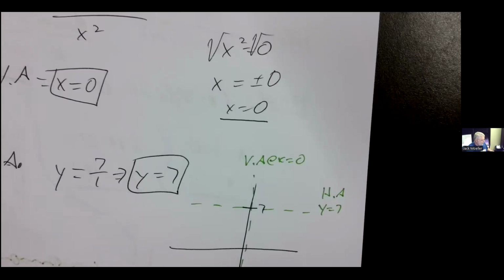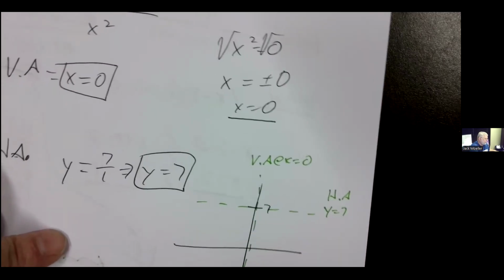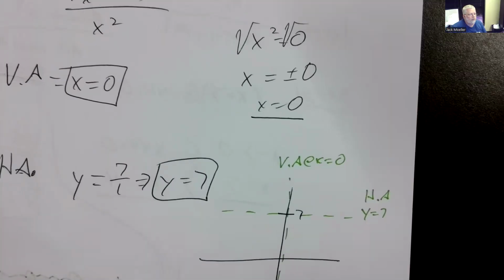All right, so just based on that, let's see if we can figure out the graph. If not, then we're going to have to plug in a point on either side of the vertical asymptote, and then that will tell us. But let's see what we can do just from this information alone.